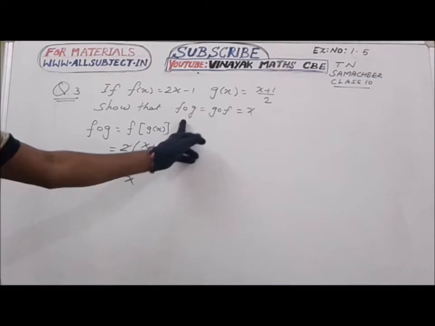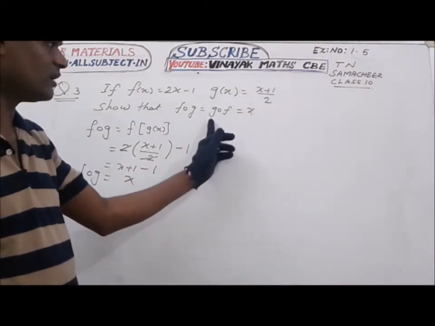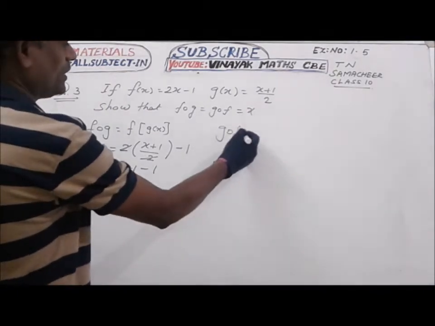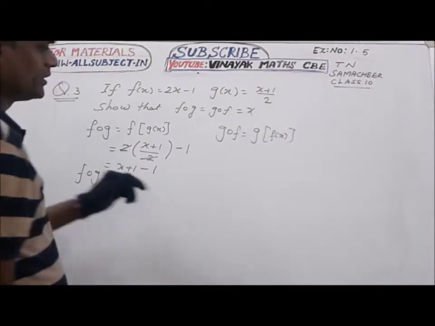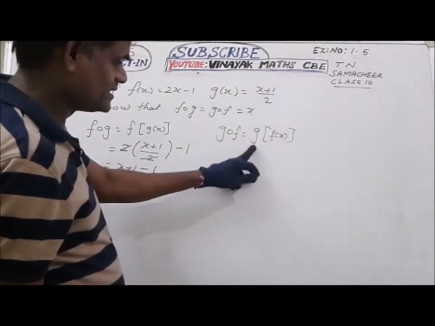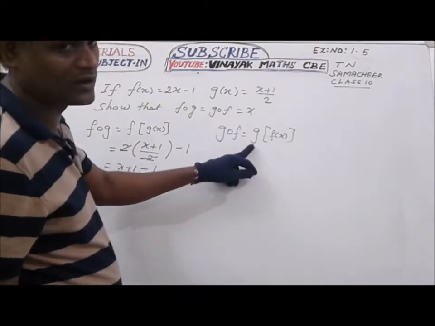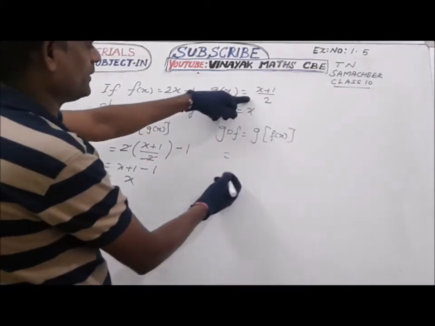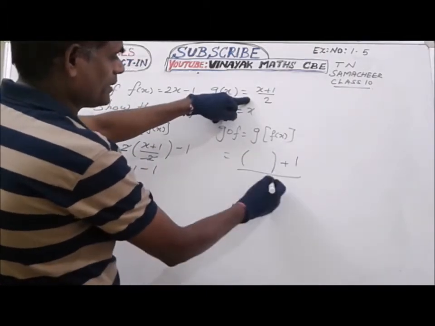Now we have proved f composition g equal to x, and we need to find g composition f equal to x. g composition f is g of f of x. This means replace all x in g by f of x. That is equal to, in g of x, straight x, open a bracket, then plus 1, divided by 2.